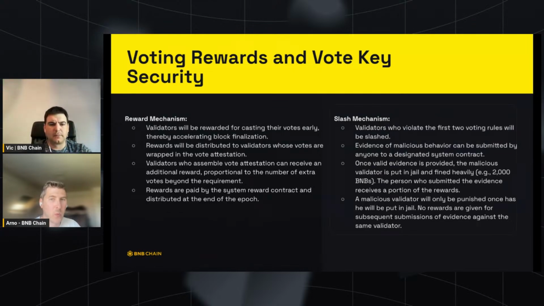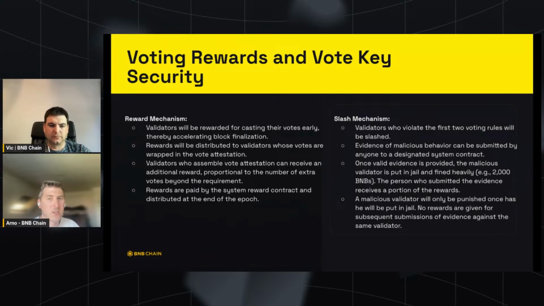Of course, they're going to get rewarded based on how early they can be, and also for whoever can assemble all of those attestations and receive votes. All of those rewards are going to be paid out by a system reward contract running on chain that collects fees based on our consensus.